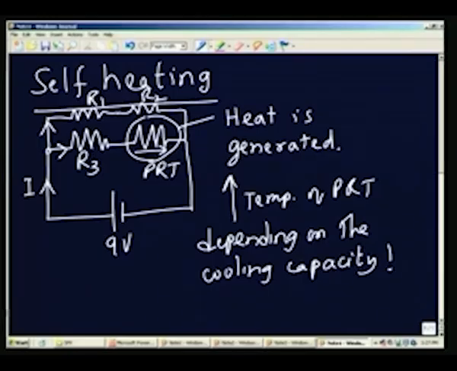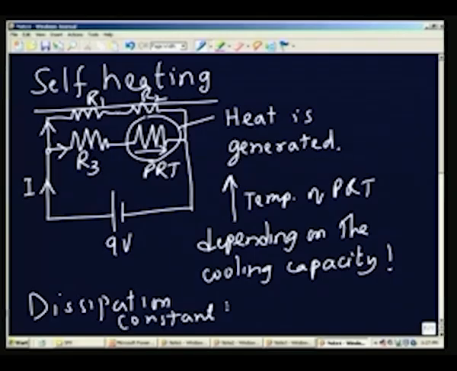So, the cooling capacity is usually represented in the form of a dissipation constant, which indicates the amount of power it can lose for a degree Celsius increase in temperature.